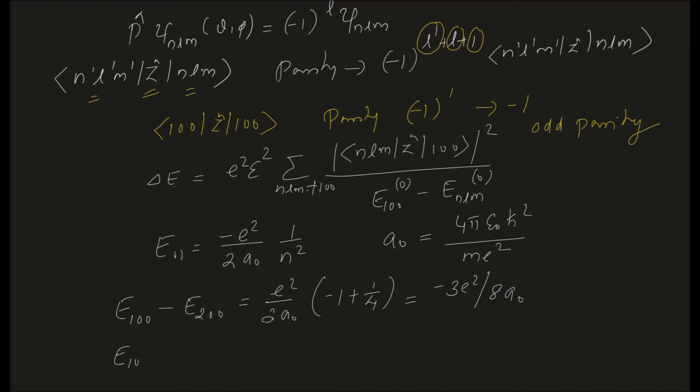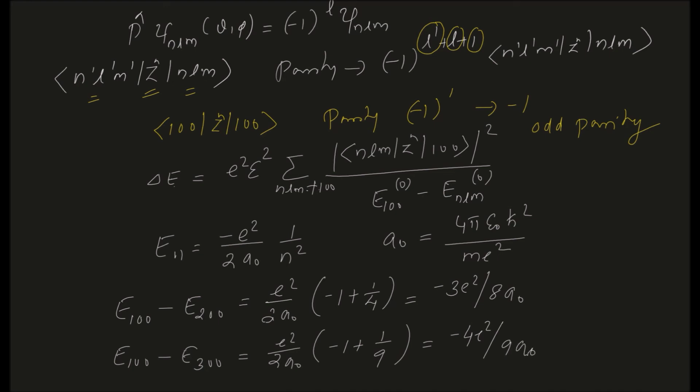Similarly, the difference between E 1 0 0 and the next higher state E 3 0 0 is given by e squared by 2a0 times (-1 plus 1 by 9), since n is equal to 3, so 1 by n squared will be 1 by 9. This is given by minus 4 e squared by 9a0.